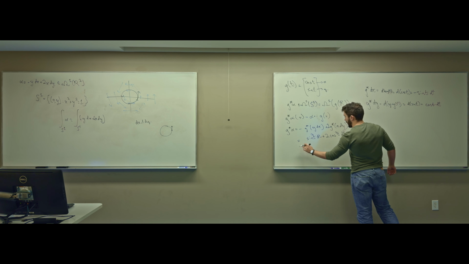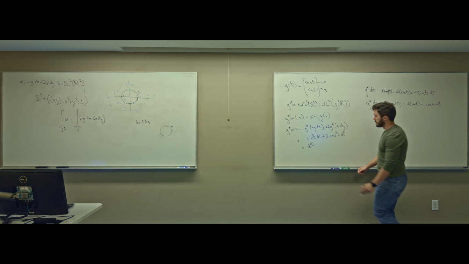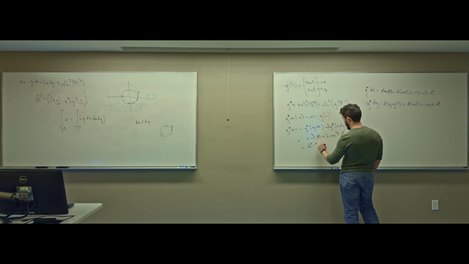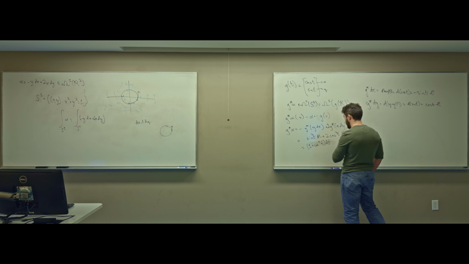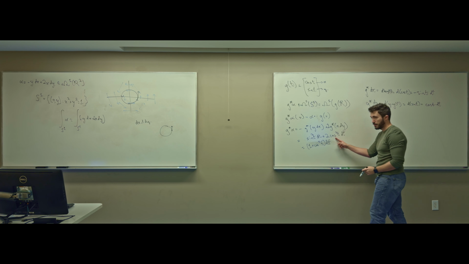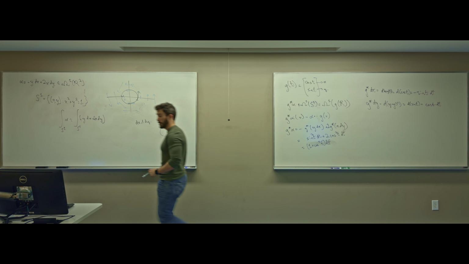So that would have been like this, so then we can simplify and we just get dt plus cosine squared t. So that should be 1 plus cosine squared t dt, because I had another copy of cosine squared t dt right there.